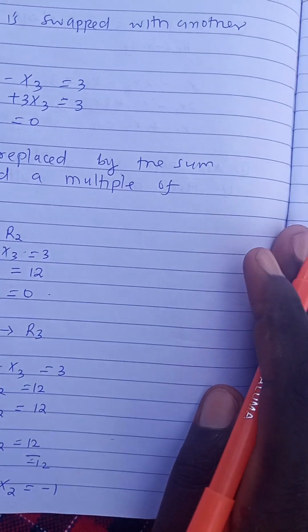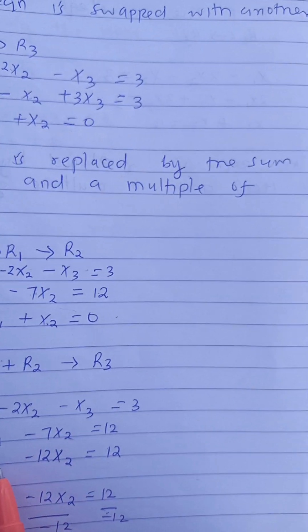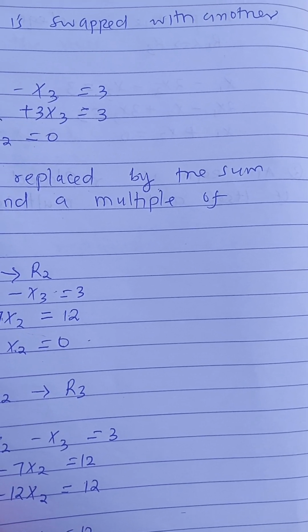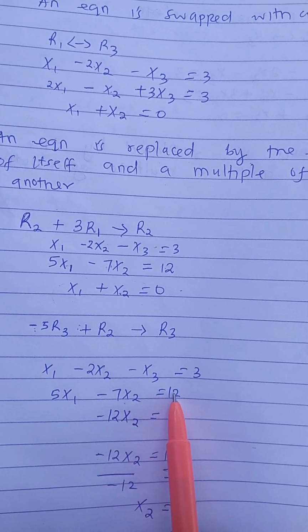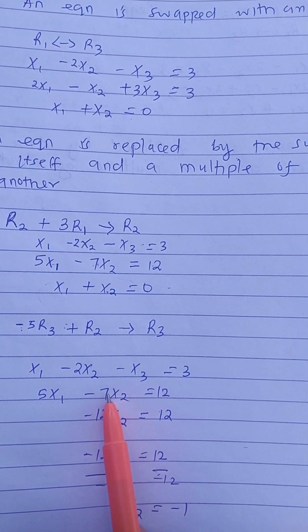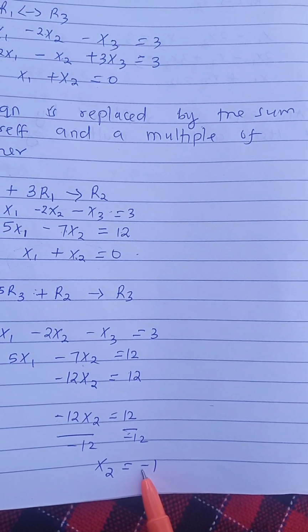Now, since I have my x2 as negative 1, and initially I was having equation 2 as 5x1 minus 7x2 is equals to 12, instead of x2, I will replace with negative 1.